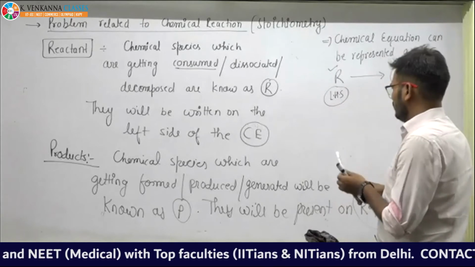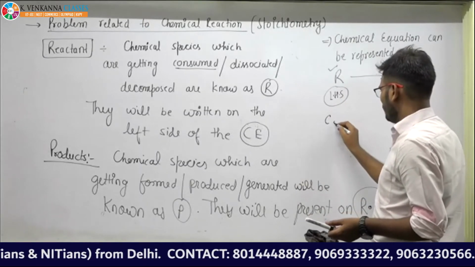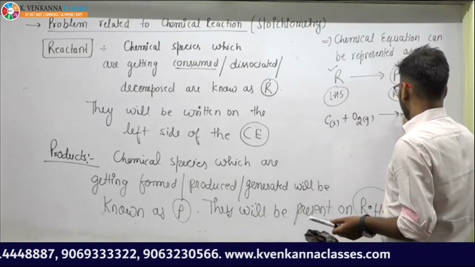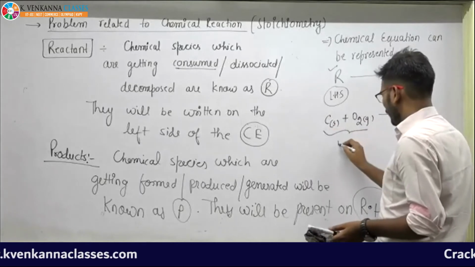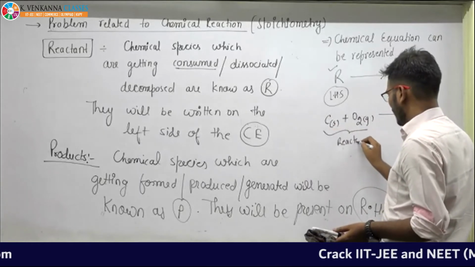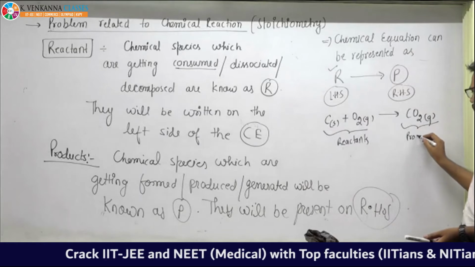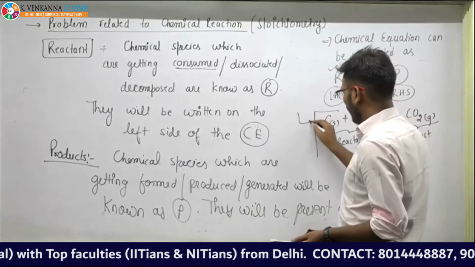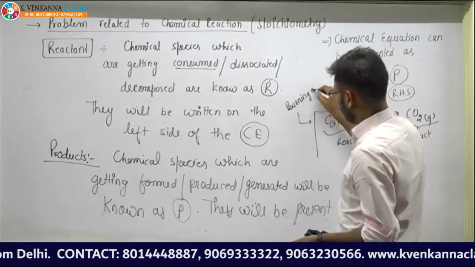For example, a simple reaction: carbon solid on combining with oxygen will provide you CO2 gas. Both of them are reactants, and the thing which is produced is the product. This process is known as burning of carbon.